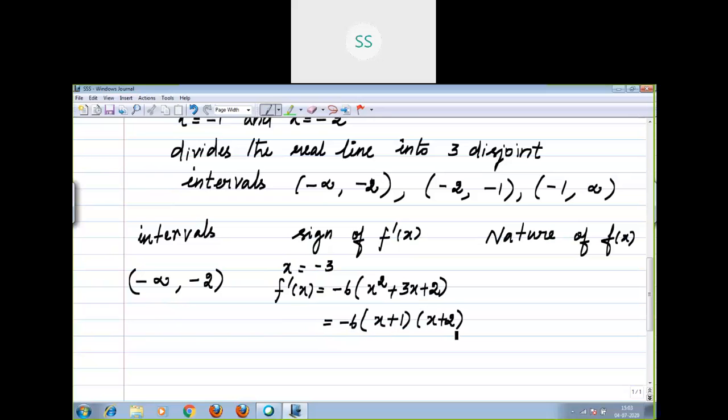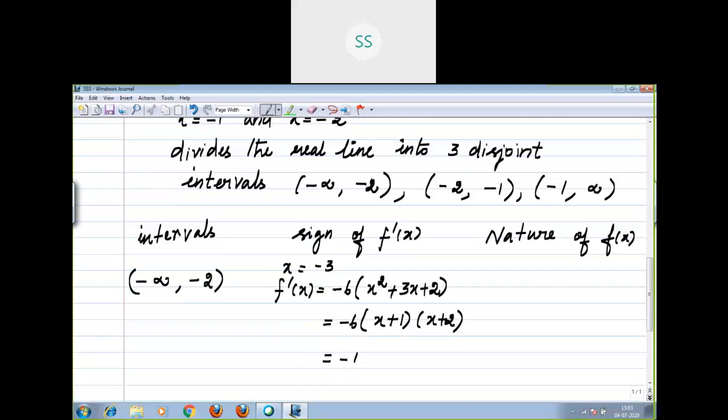The factorization I write again here for your understanding. Here I can assign x is minus 3, that you are going to substitute in f dash of x. If you practice like this, in the exam you will feel it is easy, right?